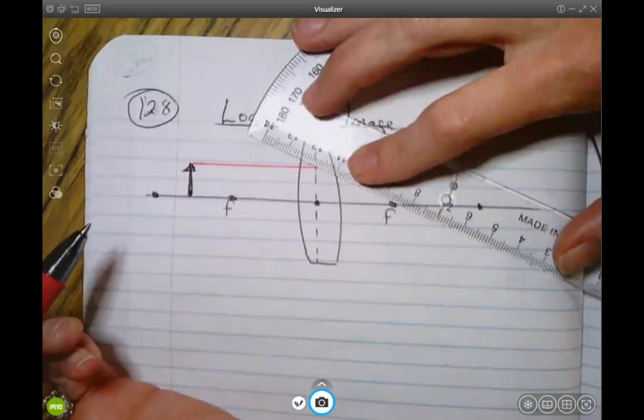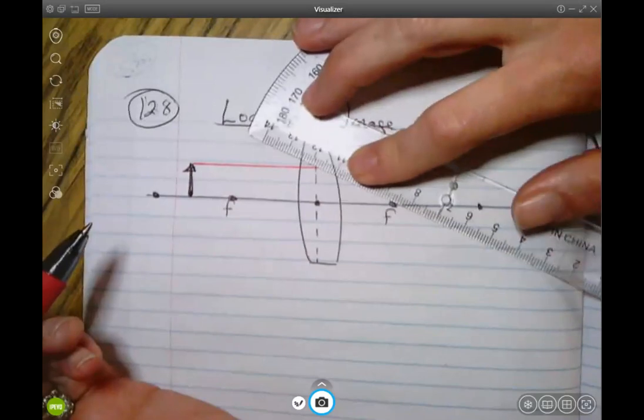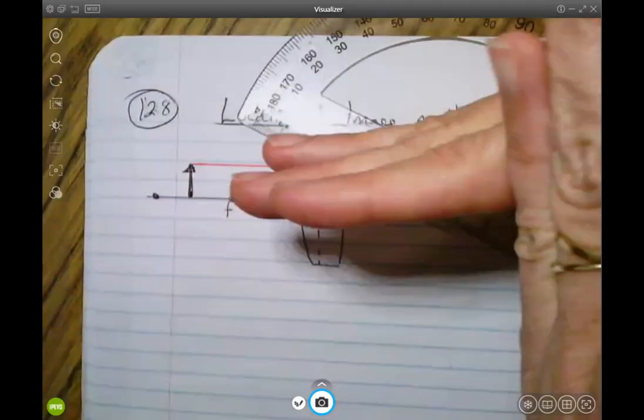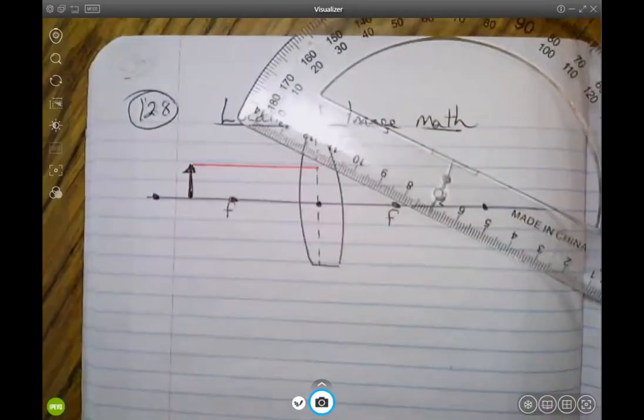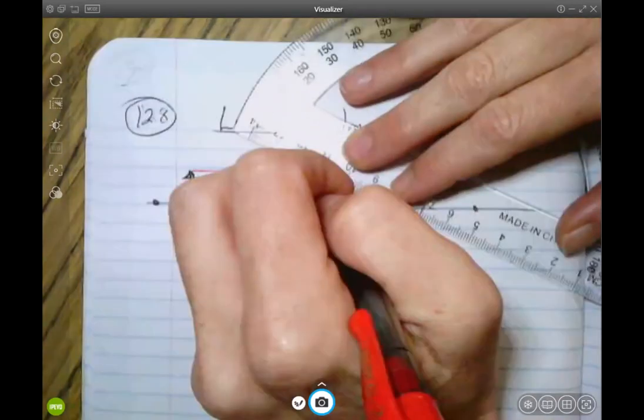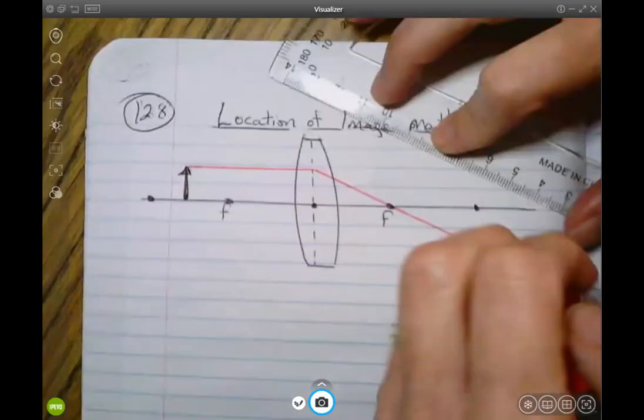Somebody told me a good way to remember it. The word convex has an X in it, and that means that the rays cross. And then the word concave has a B in it, which means it goes out. Does that make sense? Maybe a good way to remember. Anyway, this is convex, so it's going to come together like this.